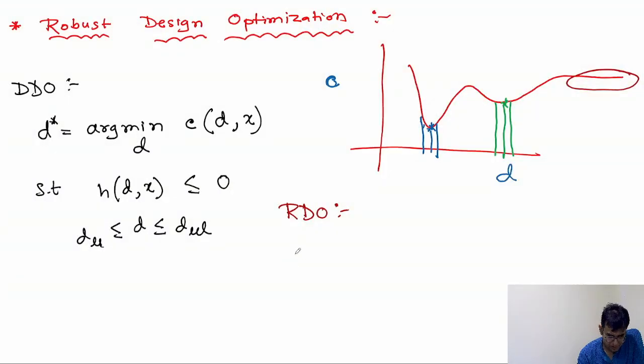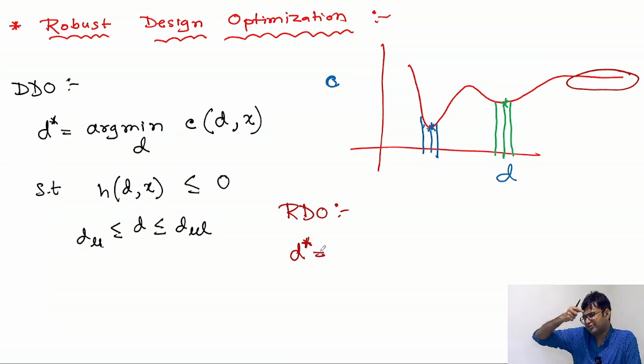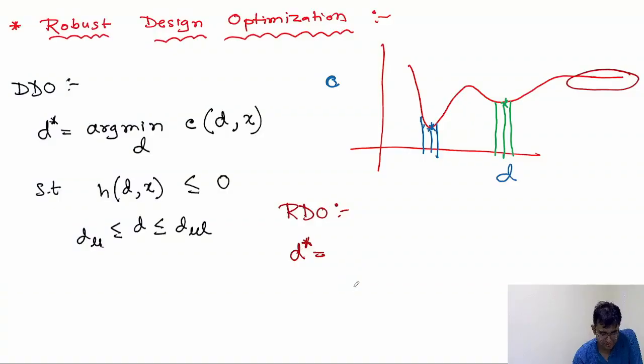So in RDO, you will minimize D star. And when I say D star, remember that I said that D is constant, not probabilistic, but in most cases D will be probabilistic. And in this case, D star will be mu D star. You are looking at the mean of the design variable, right?